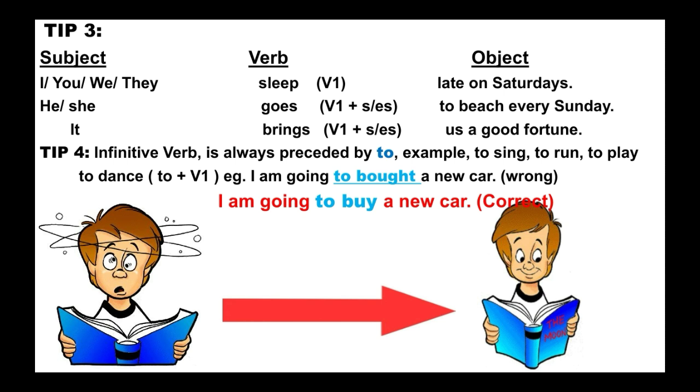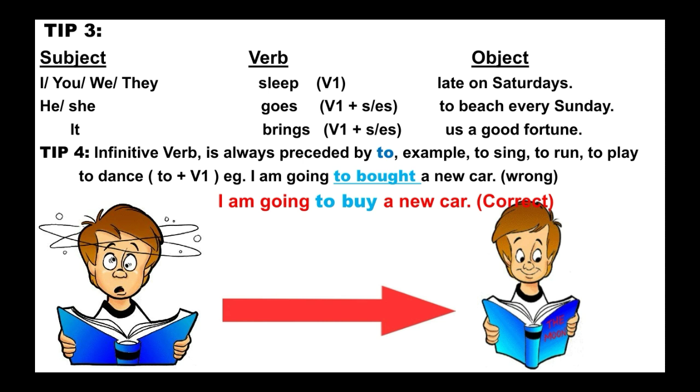The third important tip you need to keep into your mind is I, you, we, they. If they are used as subject, your form of verb should be V1. You can ask me a question over here that why with I, you, we are using V1, because you need to brush up your skills regarding subject verb agreement, right?